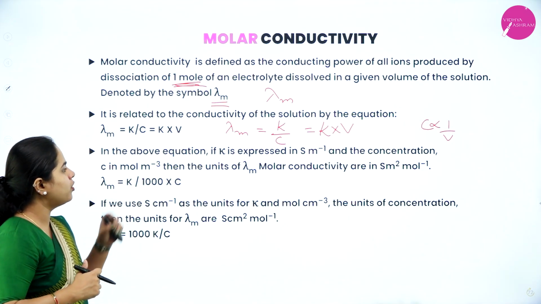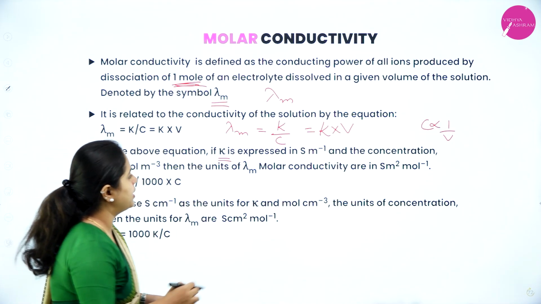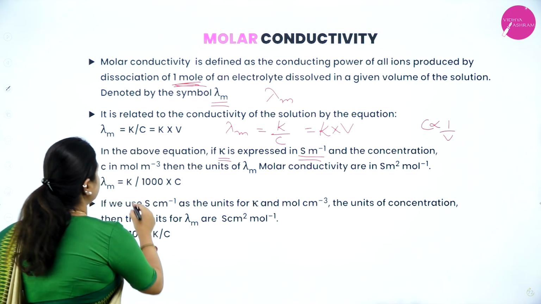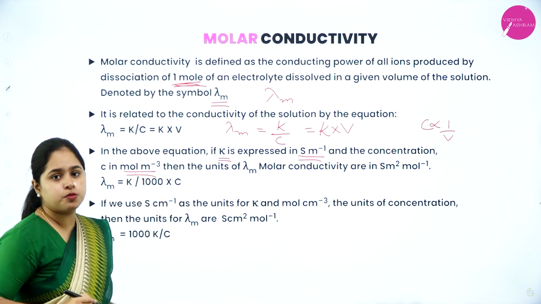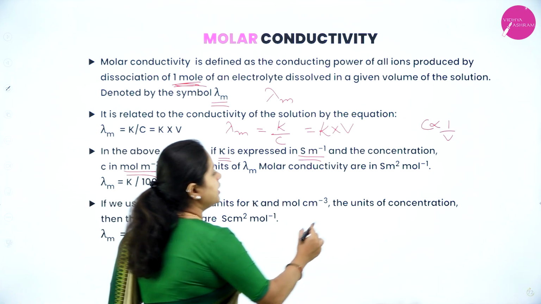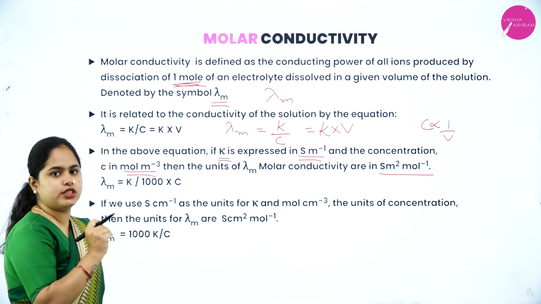Right. So in the above equation, K is conductivity, expressed in Siemens per meter, and the concentration is expressed in moles per meter cube, then the unit of molar conductivity is Siemens meter square per mole. Then which equation do you have to use?